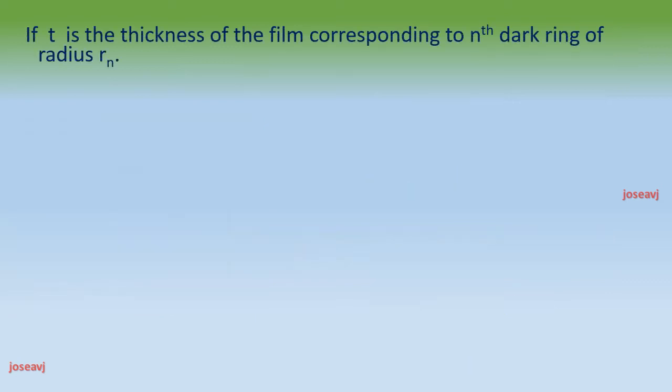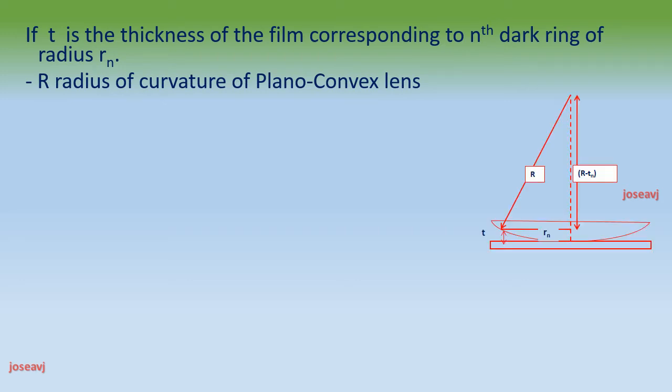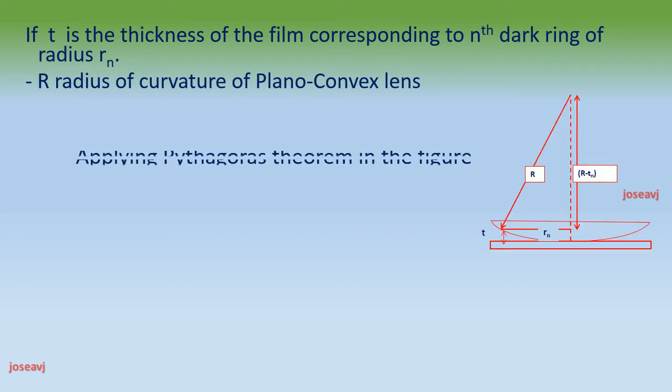If t is the thickness of the film corresponding to the nth dark ring of radius Rn, and R is the radius of curvature of the plano-convex lens, applying Pythagoras theorem we can write R² = Rn² + (R − t)².